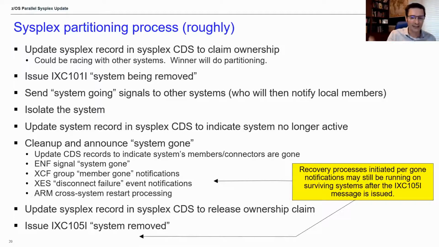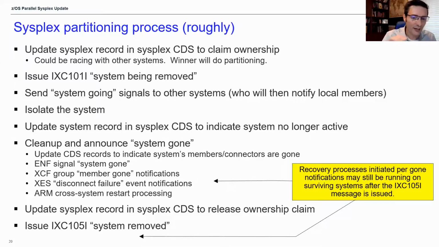Eventually, a Sysplex record is going to be updated again to release the ownership claim, and message IXC105I is issued: the system has been removed from the Sysplex. But even when that message is issued, there still could be underlying asynchronous recovery processes that are still running on all of these other systems.